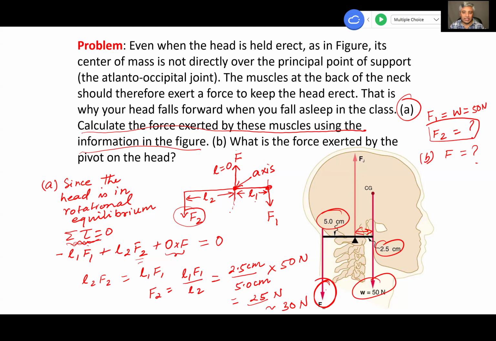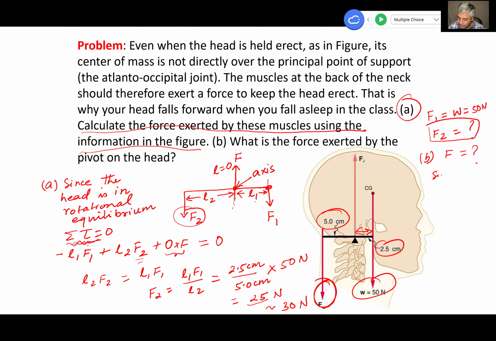We don't need to use rotational. Translational is easier because it only involves force, but rotational involves torque, meaning lever arm and force. Calculating the lever arm could be tricky.